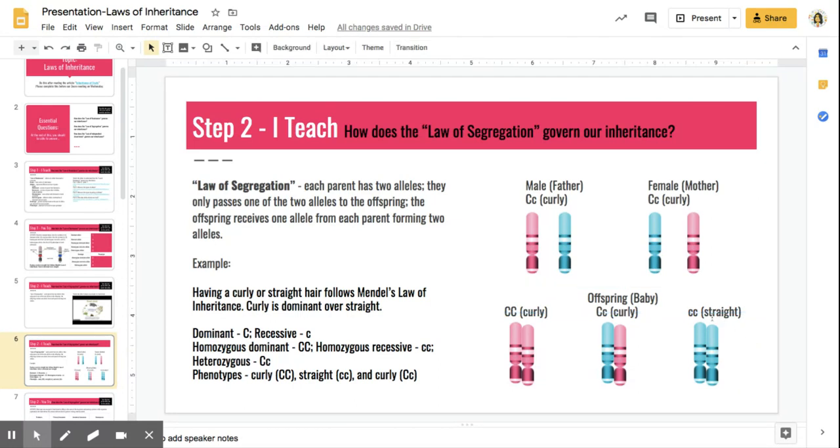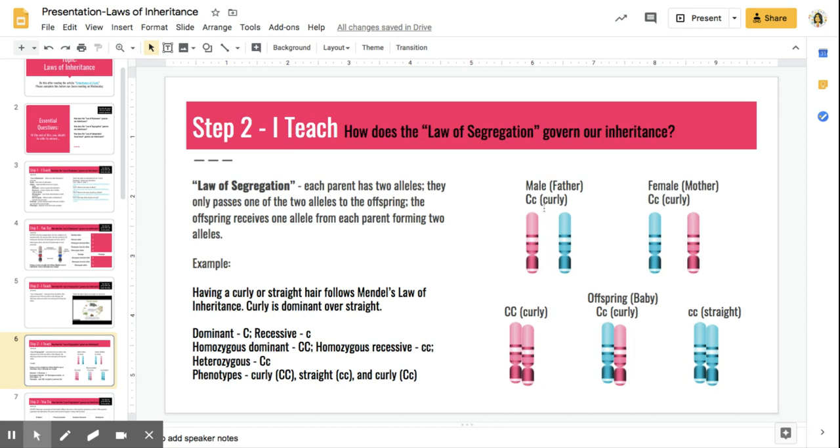So you might think it's ridiculous. The father has curly hair, the mother has curly hair, but the baby has straight hair. How did that happen? The baby might think, "Oh, I'm adopted because both my parents have curly hair," but it's not always true. It's still possible for the baby to have straight hair even if both the parents have curly hair.